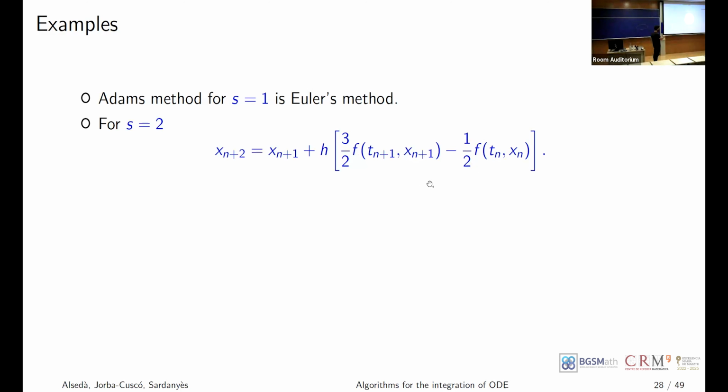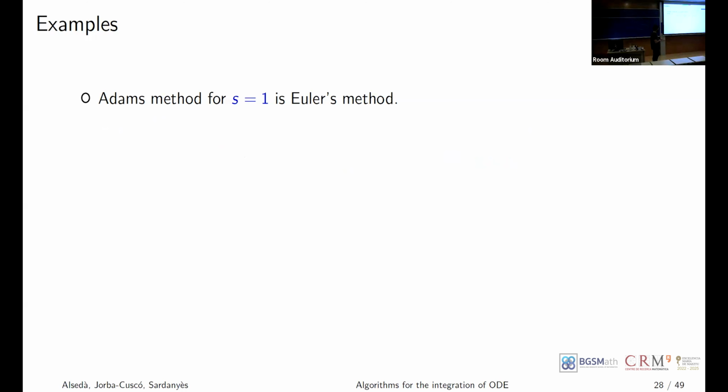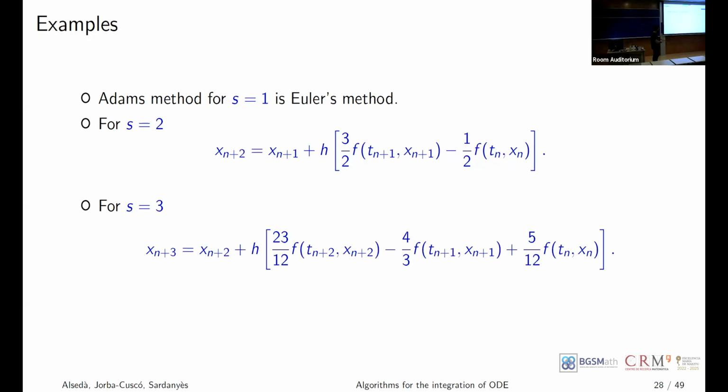And then you use the next step for evaluation. You get x_n, x_{n+1}, and you get x_{n+2}. So that's a two-stage method. And we could go on and compute the weights and so on. But I'll put an order 3 method, which has this kind of shape.